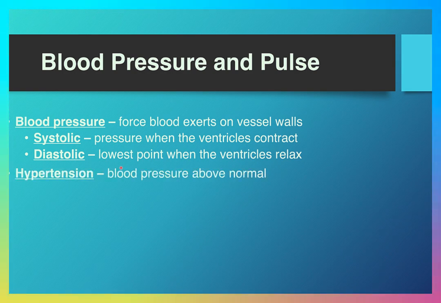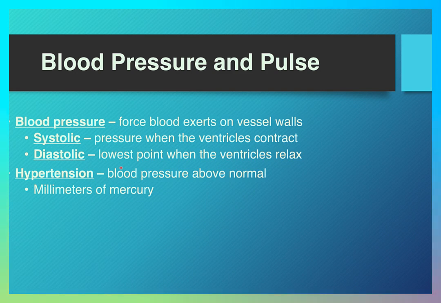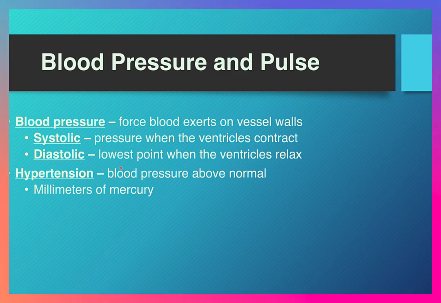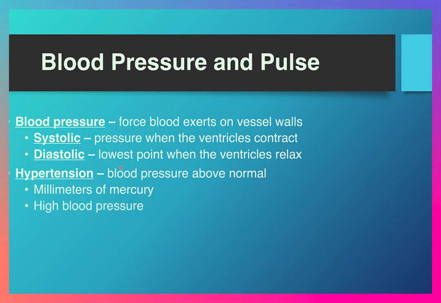Hypertension is the doctor word for high blood pressure when the pressure is above where it should be. Pressure is measured in millimeters of mercury. If you've had basic science before, you know that this is one way of measuring both liquid and atmospheric pressure. As I said, high blood pressure is the same idea as hypertension.